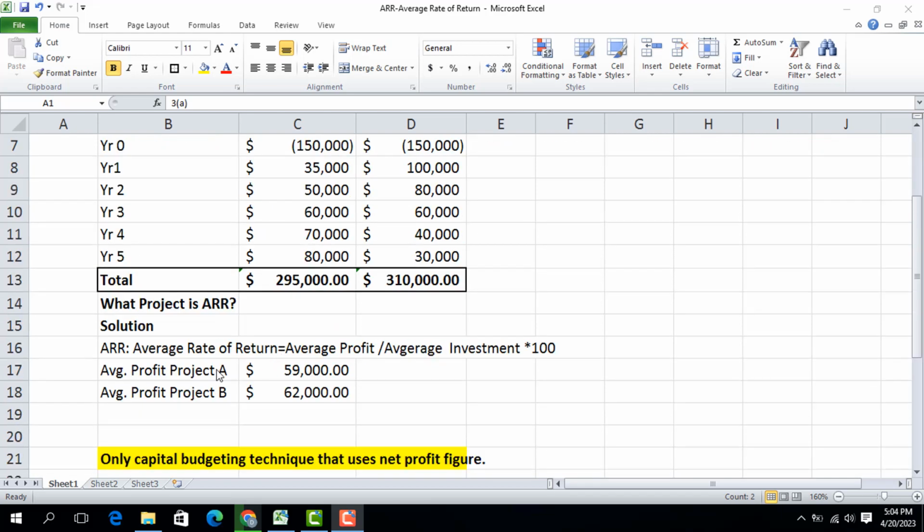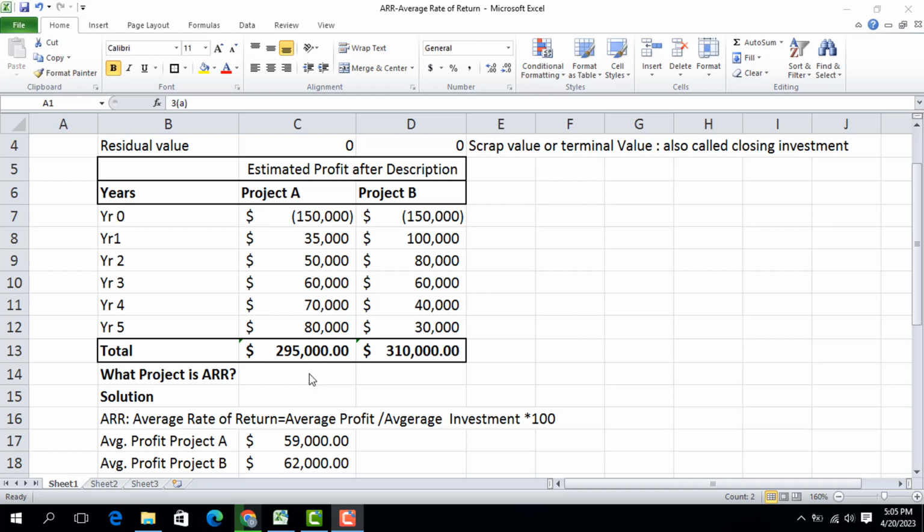What is the formula of average rate of return, also known as accounting rate of return? It is equal to average profit divided by average investment into 100. Average profit for project A is equal to 59,000. How am I going to obtain this? Sum up all these values, excluding the cost value because it is a cost. I am going to only take into account the cash streams that project A will produce in the next 5 years respectively.